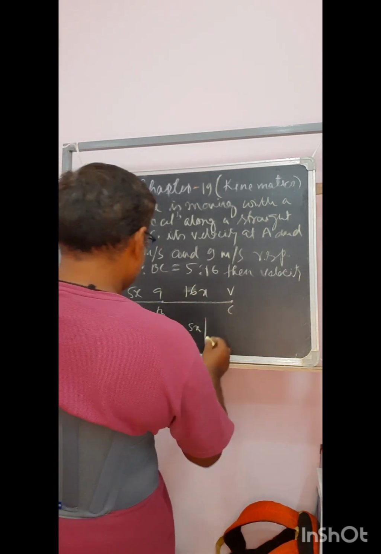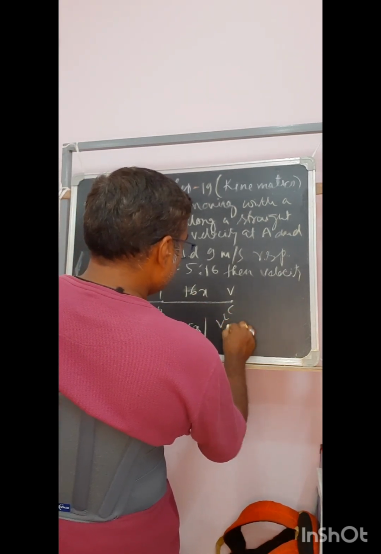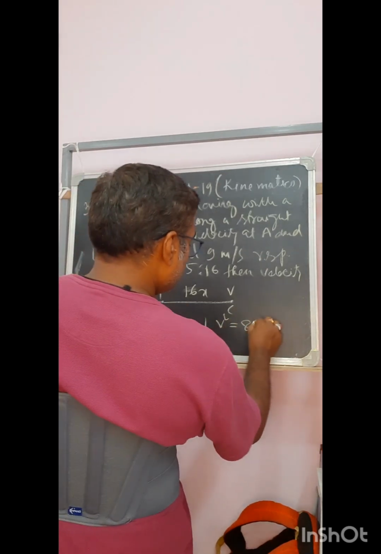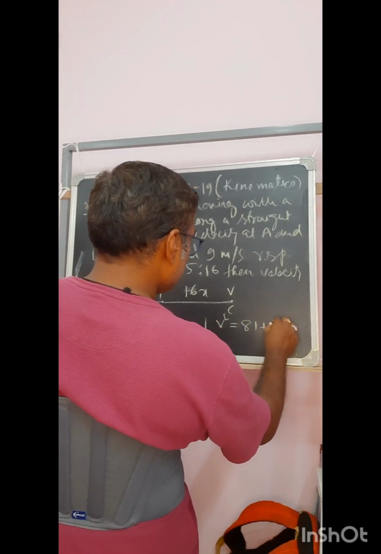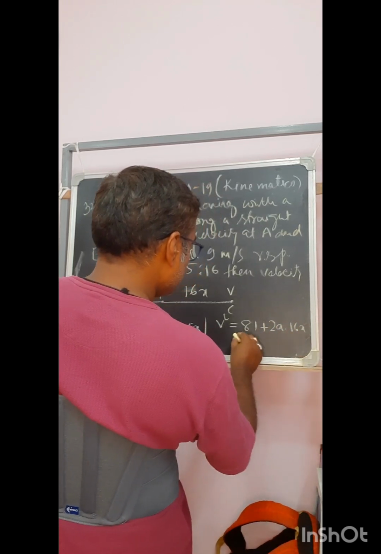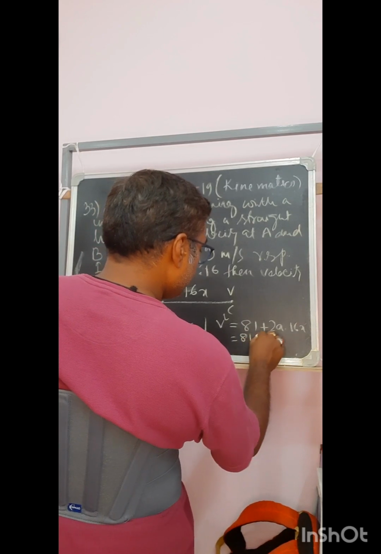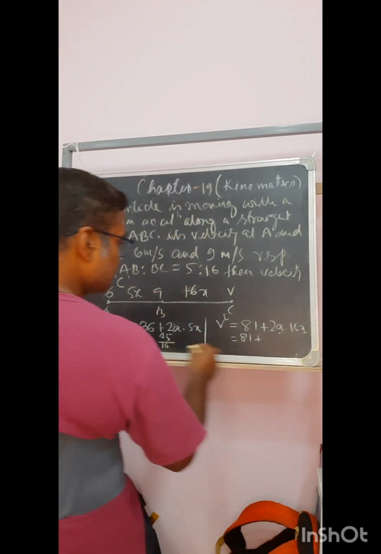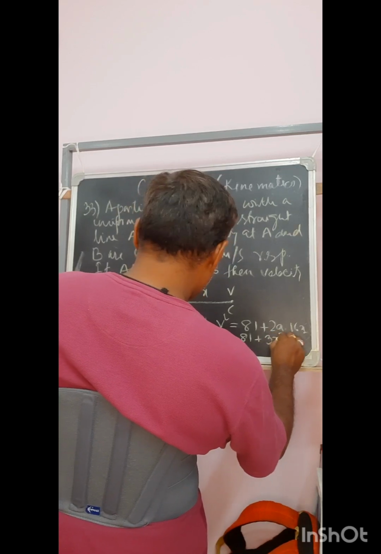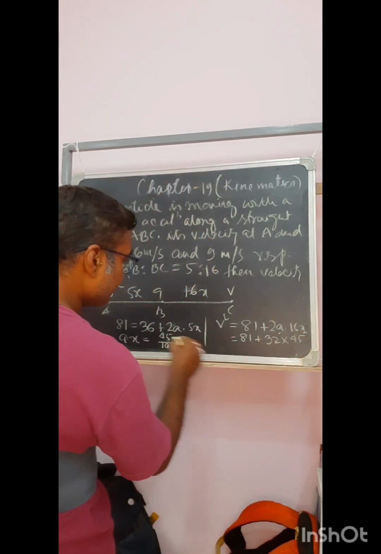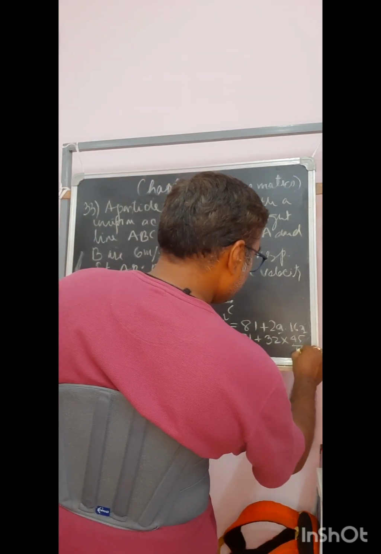Second equation, same, we will use V square final is equal to U square, that is 81, plus 2 into a into 16x. So from here, 81 plus ax together I can put this value, so it will be 32 into 45 by 10.